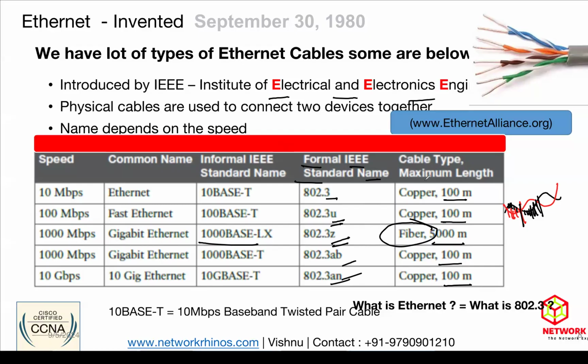What they have done is take one cable from the fiber family and put it into the Ethernet family. Now this is also termed Ethernet. That model is actually a fiber cable. It is not Ethernet. It is not twisted.